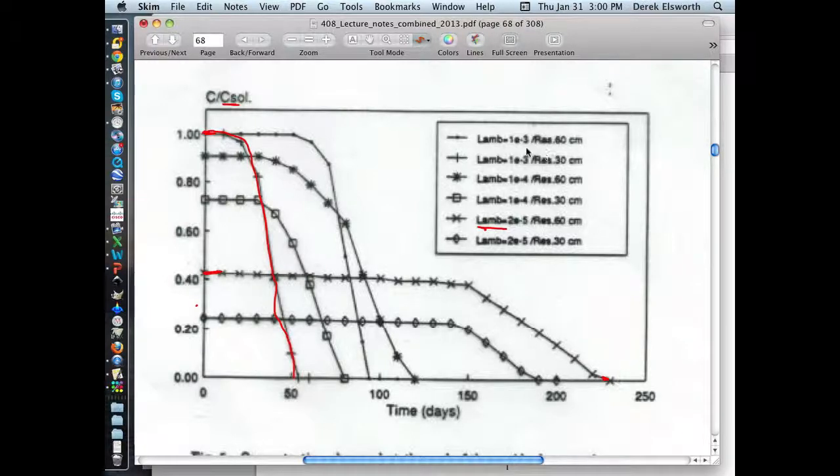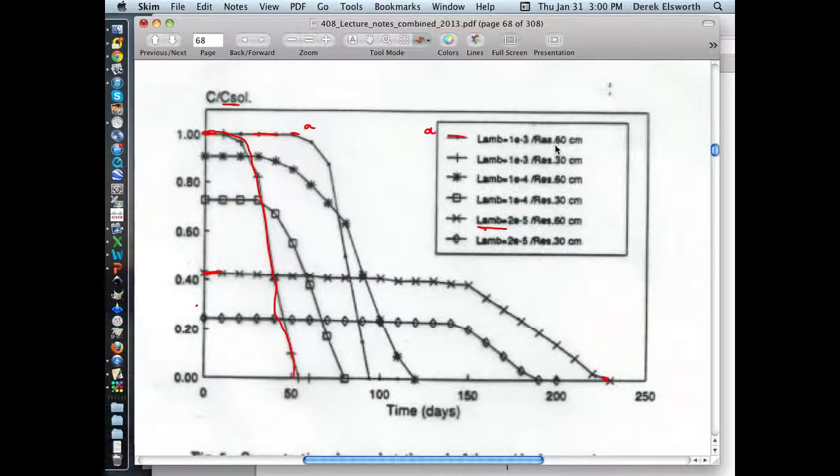In the case where the mass transfer coefficient is high and it travels through it, I think that's this one here. And the same mass transfer coefficient, but the lower one, 60 mm. Isn't that backwards? No, it's not backwards.